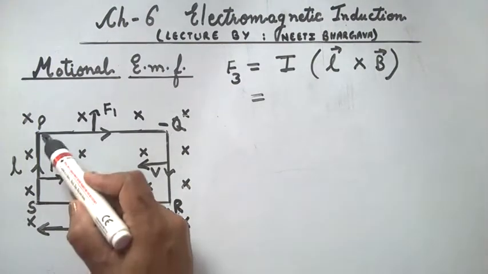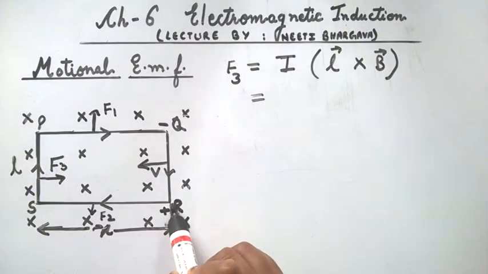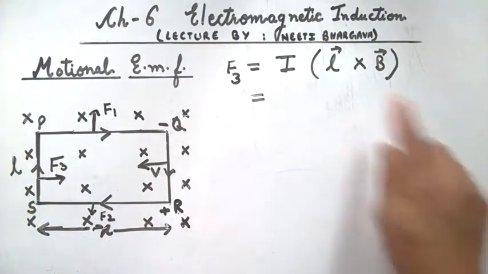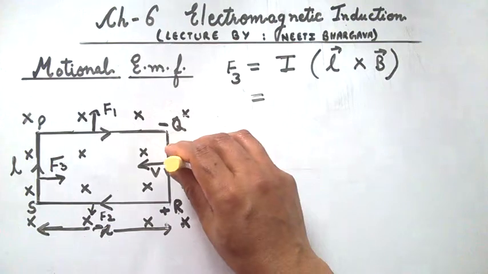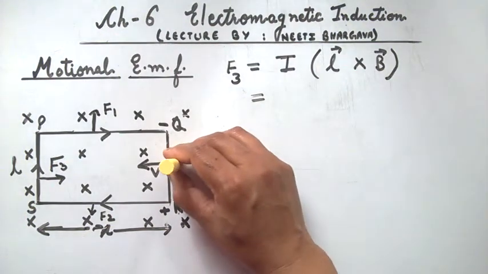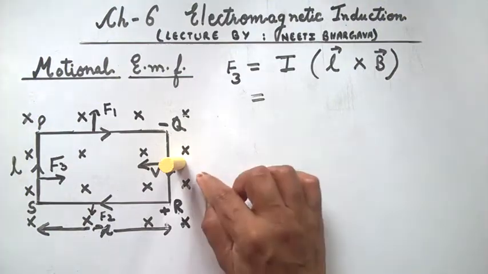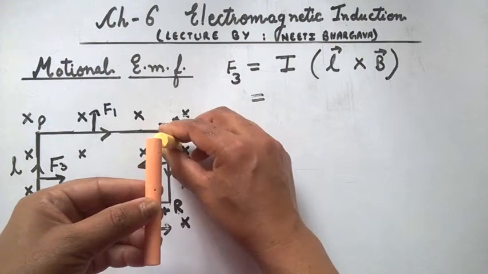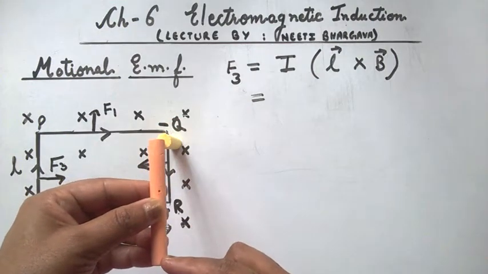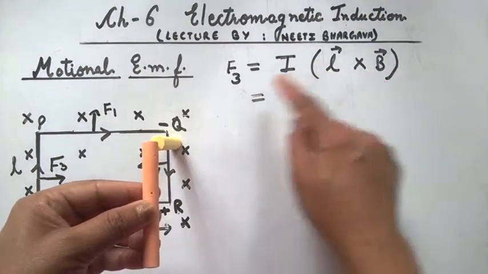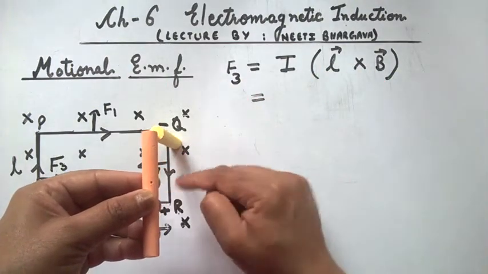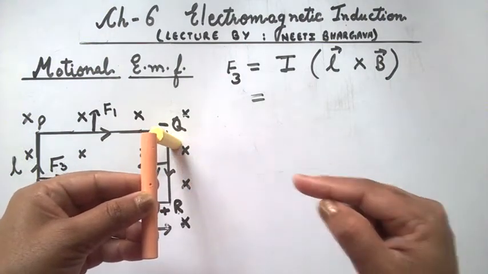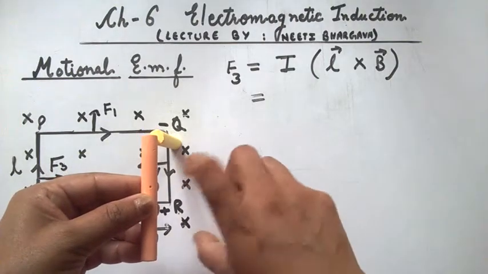Here, L vector has a direction equal to the direction of current. Here we can see that L and B are making an angle of 90 degrees with each other. Magnetic field is into the plane of a paper, and length is perpendicular to it, and its direction is along the direction of current. Now, to find the direction of force, we find the cross product, that is L cross B gives the direction of force in outward direction.